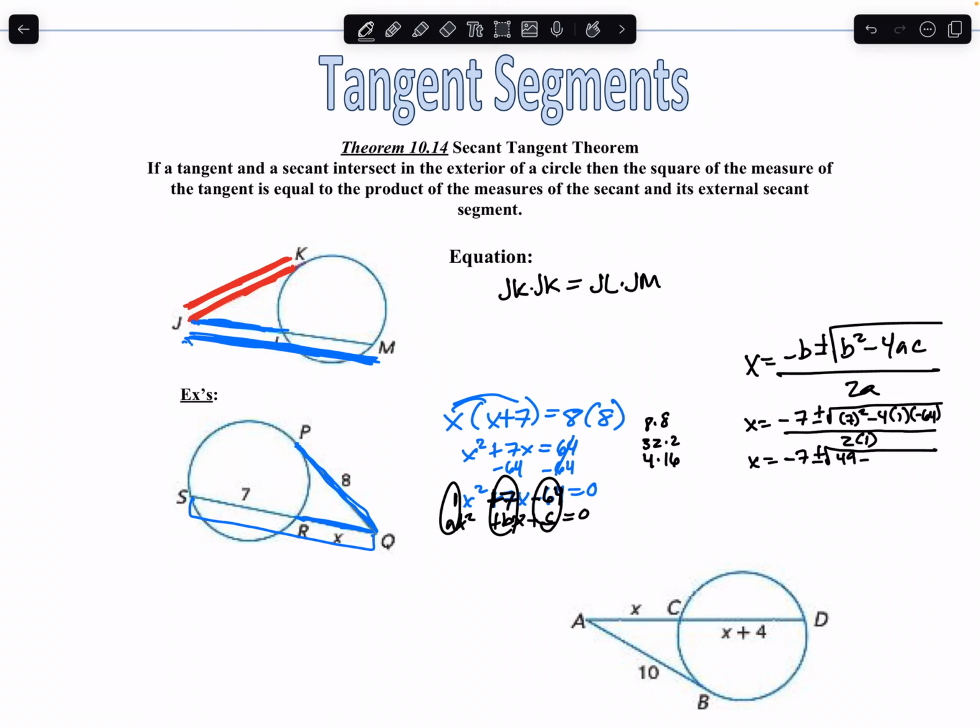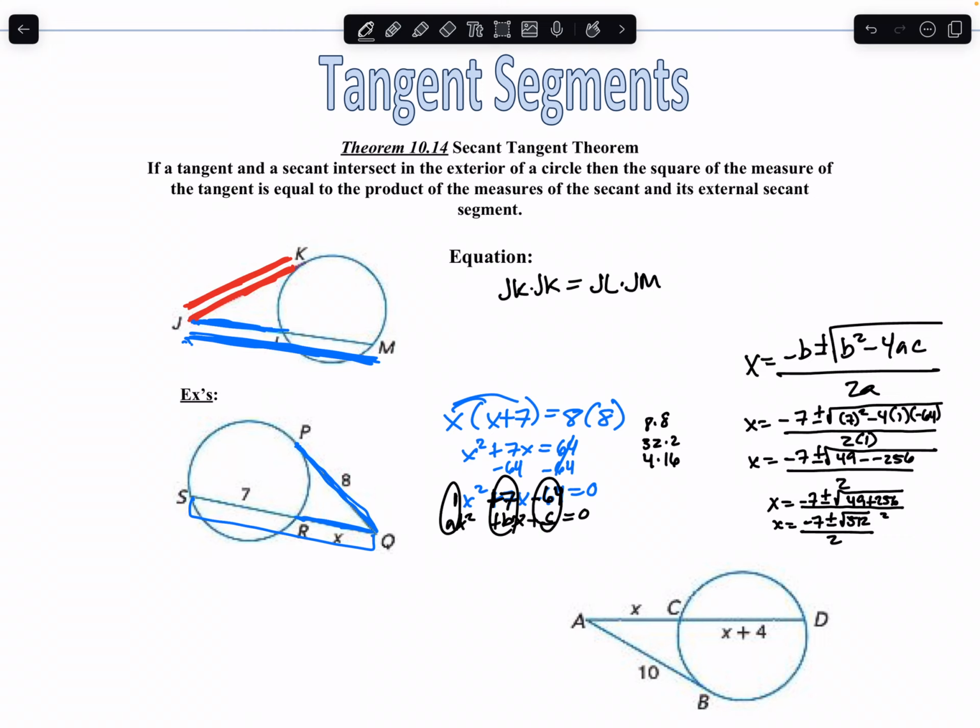But minus the negative 256 will eventually turn into a positive. So x equals -7 plus or minus the square root of 49 plus 256. And when you simplify a little bit, we get x equals -7 plus or minus the square root of 512, and everything's divided by 2. I forgot to put divided by 2 here.